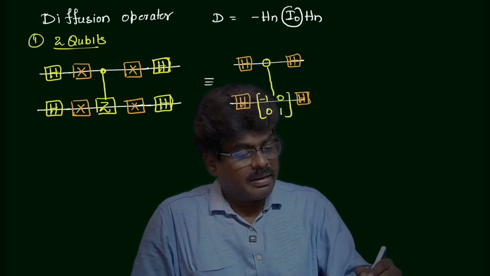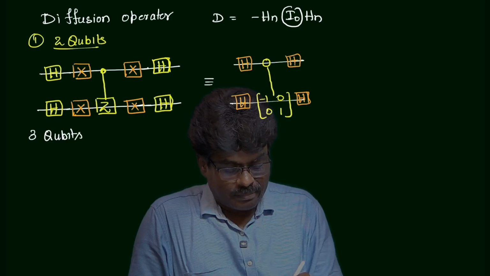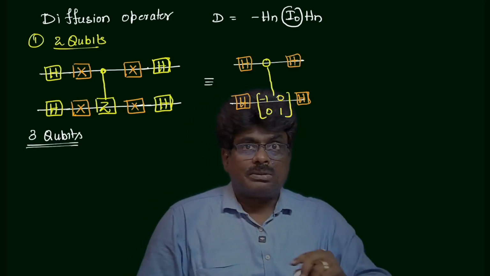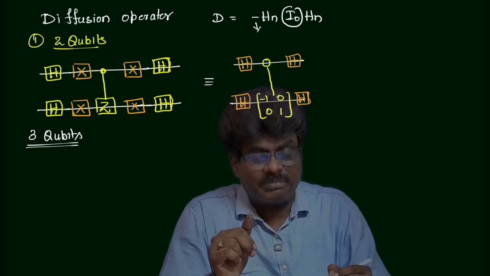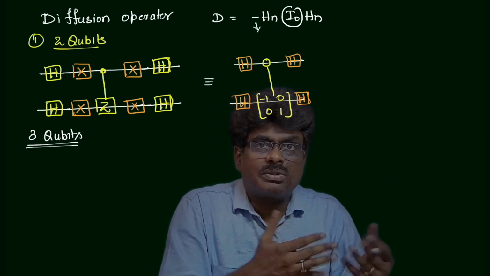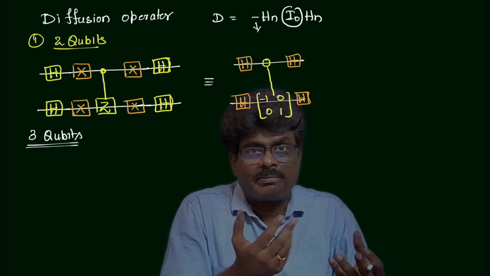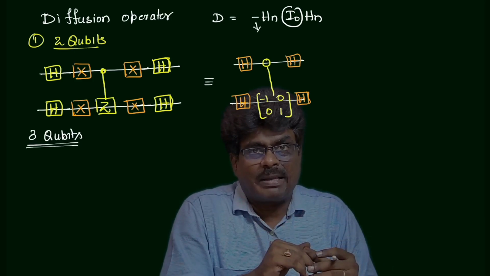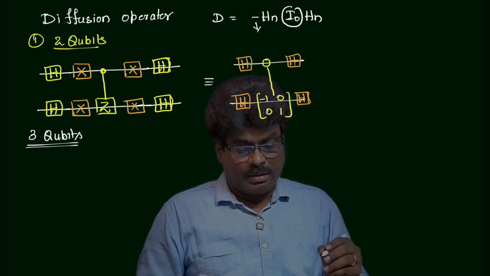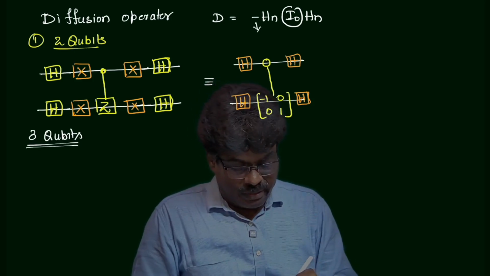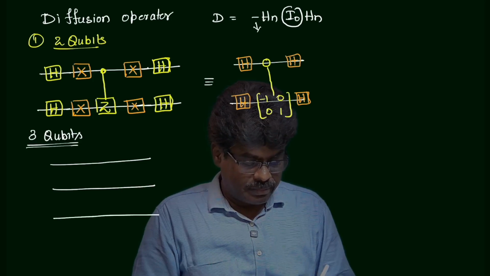Okay, and let me take a 3 qubit example. Remember, in this quantum circuit we cannot show this minus sign. That's why in the final answer, once you make a measurement, you will get one extra phase of pi. So your answer will get an extra phase of pi, that is, the minus will come, right? And here also let me take 3 qubit states.